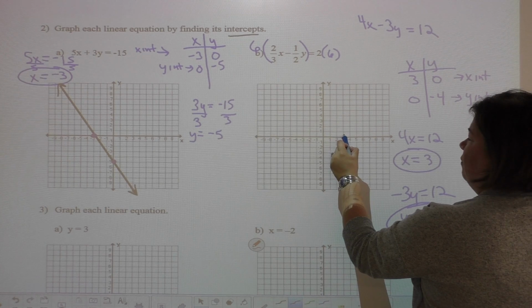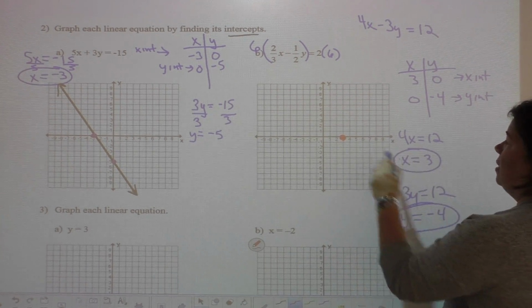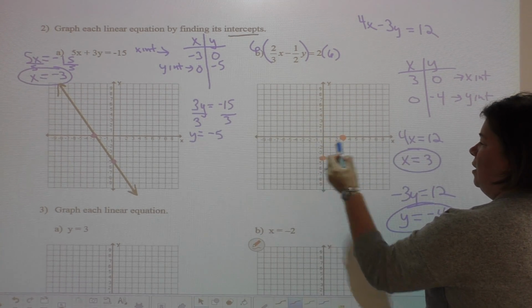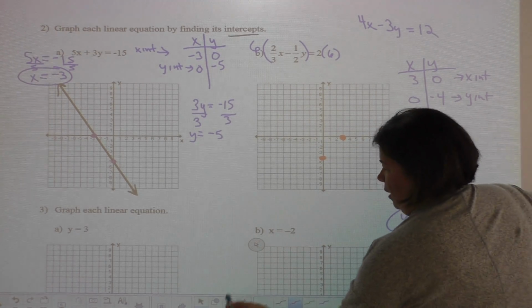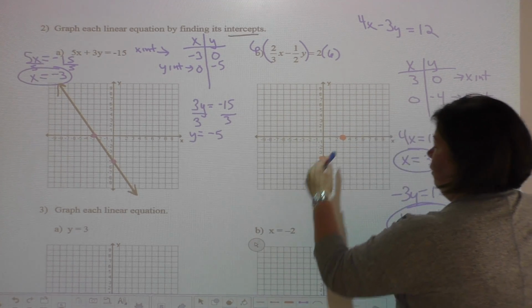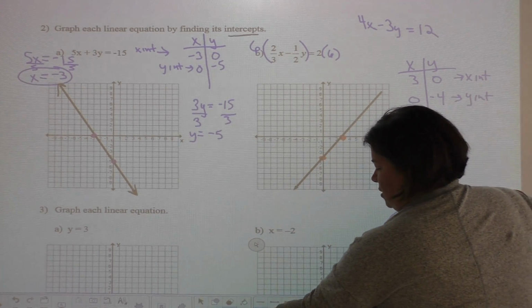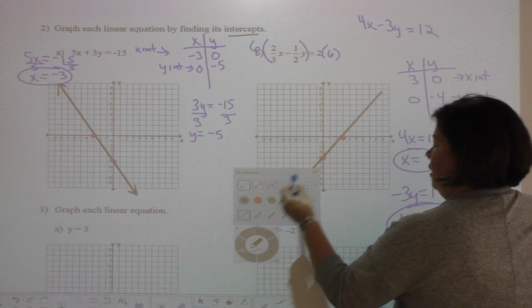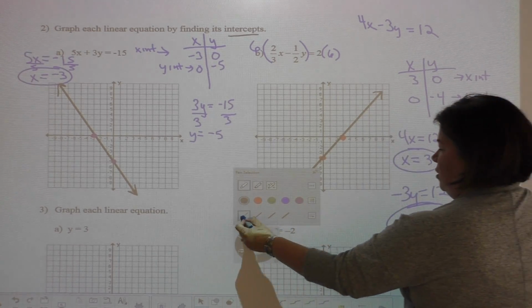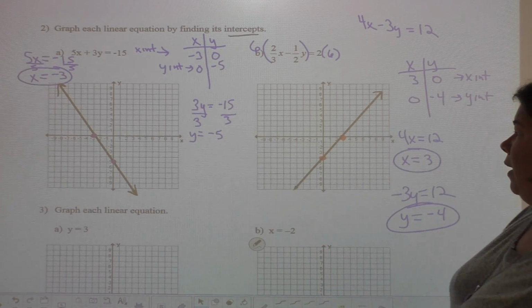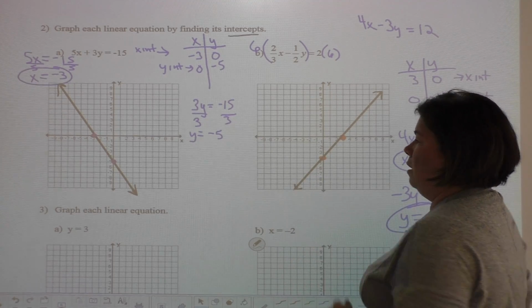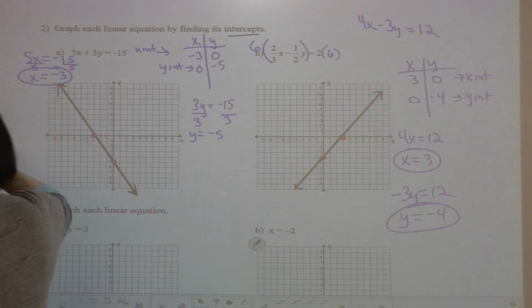So 3 comma 0 is my x-intercept, and my y-intercept is at 0, negative 4. Again, making sure your line goes through those points in a nice, solid way, arrowheads in both directions.